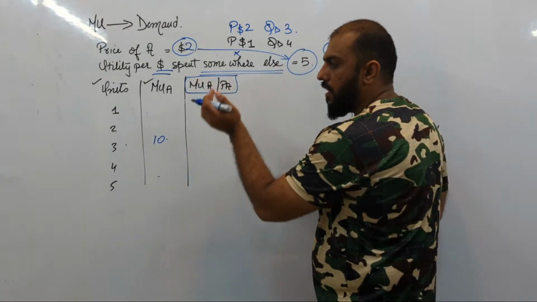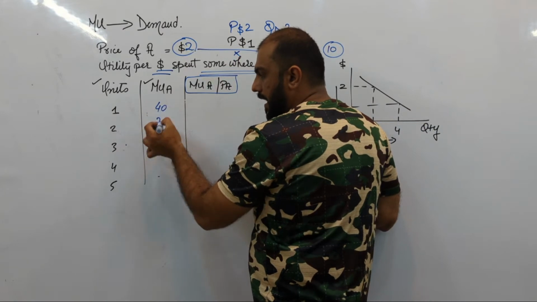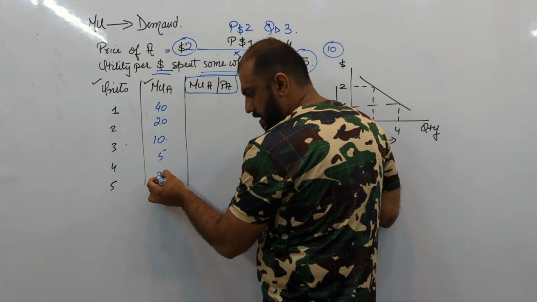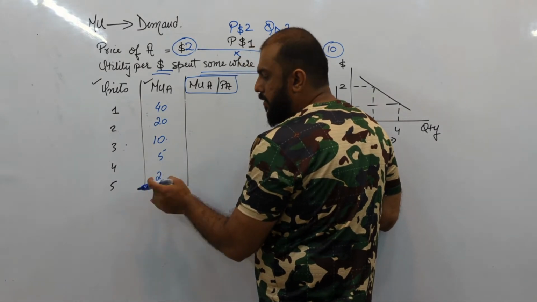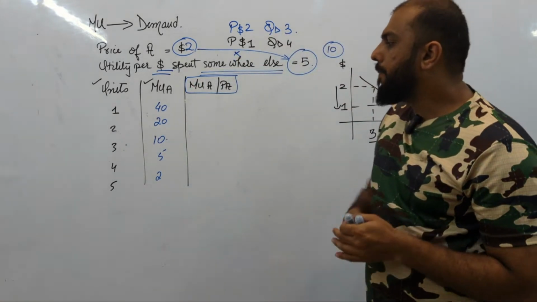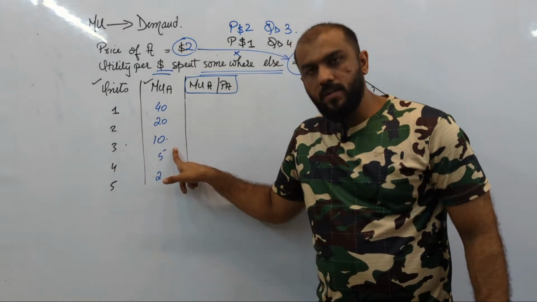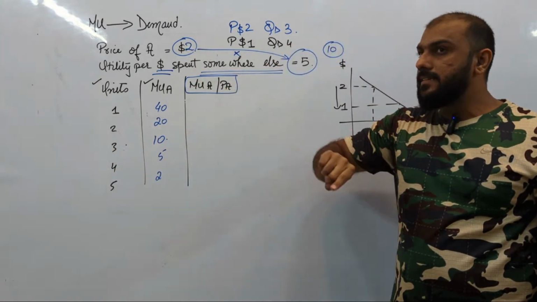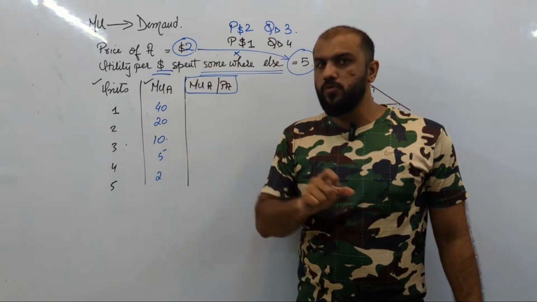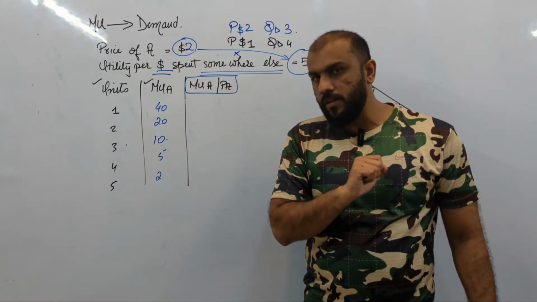Now, as we move up, I would simply double them. And as I would move down, I would halve them. So 2.5, I did not write 2.5, I wrote 2. It's acceptable. Okay. Now, what happened is, my consumption initially was at 3 units. And when I decreased the price, now remember, when I told you to choose a price, I told you to choose a price that was even, 2.